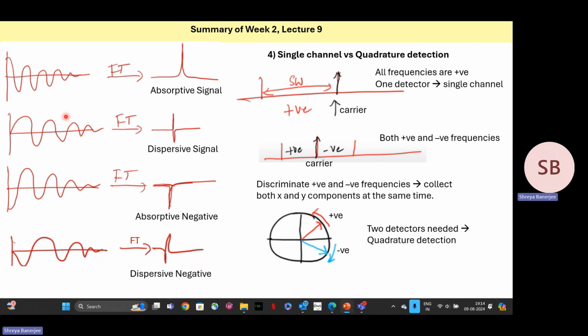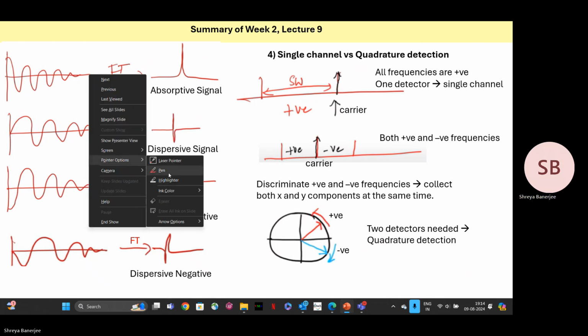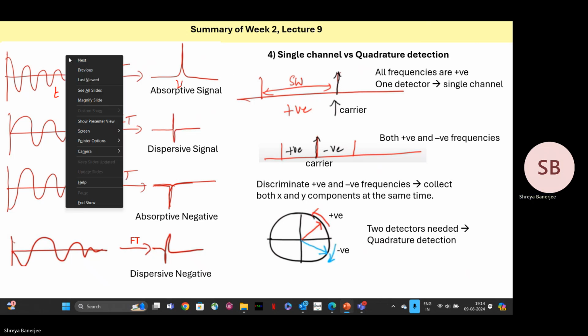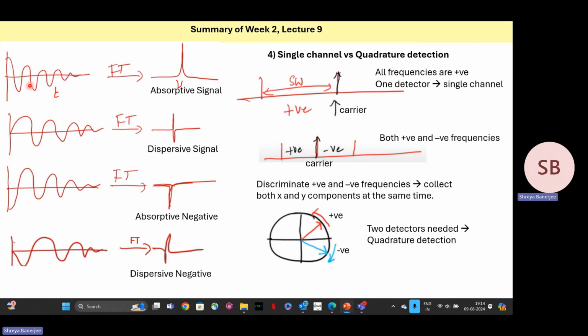For each of these free induction decays, the Fourier transform is carried out so that instead of time, you have frequency on the x-axis. You don't need to know the mathematics of this.